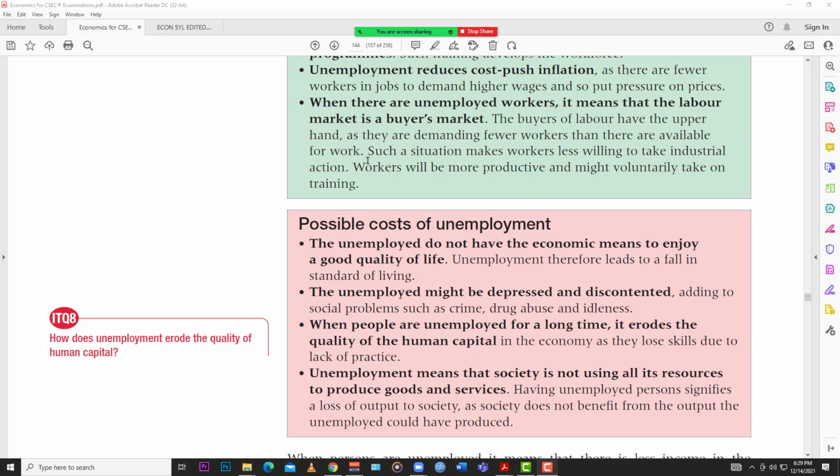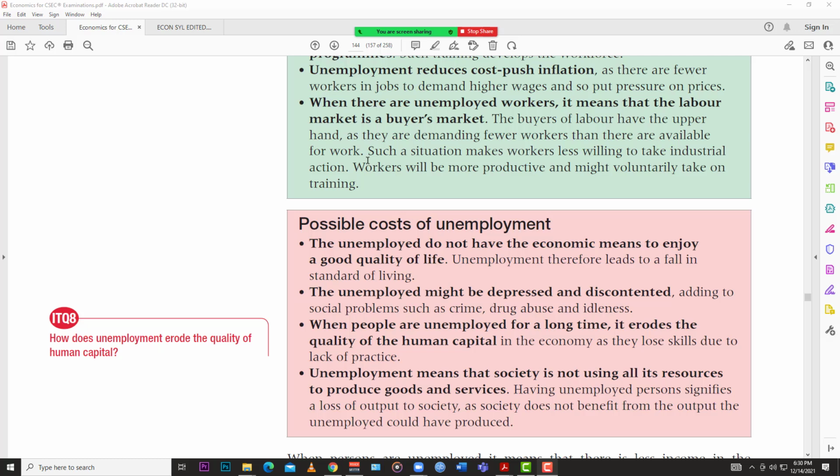When people are unemployed for a long time, it erodes the quality of human capital in the economy as they lose skills due to lack of practice. Unemployment means that society is not using all its resources to produce goods and services. Having unemployed persons signifies a loss of output to society, as society does not benefit from the output the unemployed could have produced.